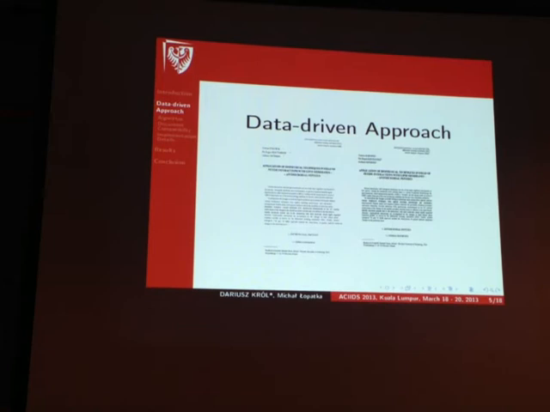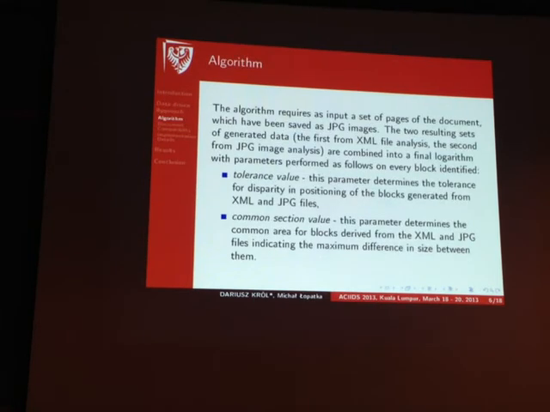We call it a data-driven approach. And we see in this picture that the same article, the same paper, could be formatted in different ways, of course. There are many ways. The algorithm uses these two ways.